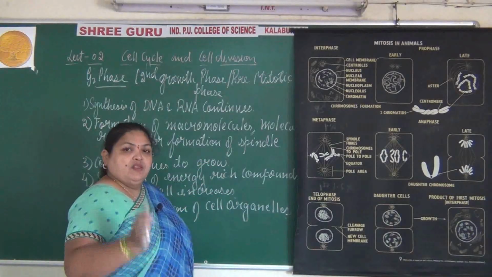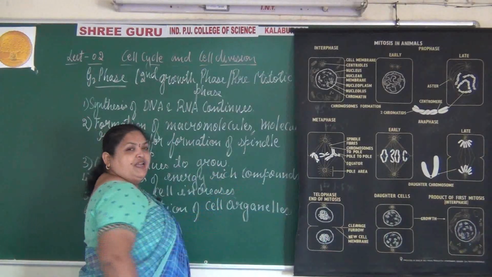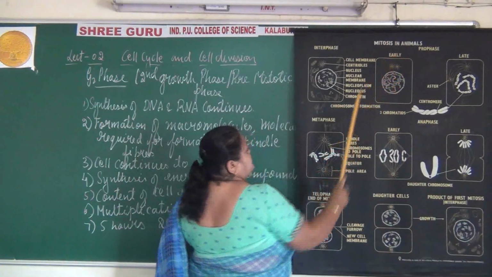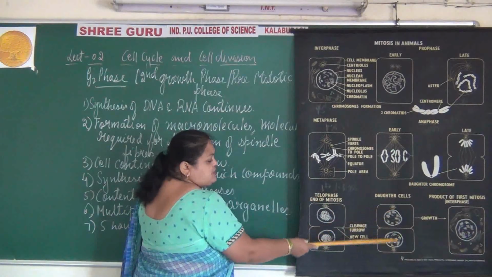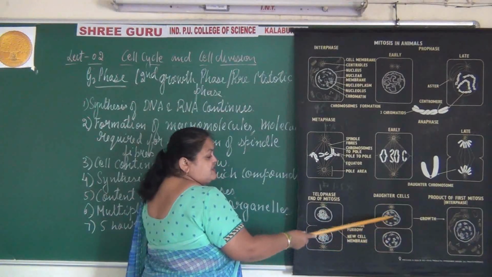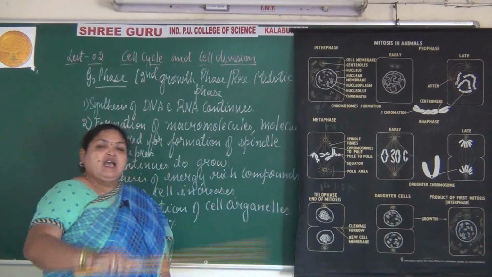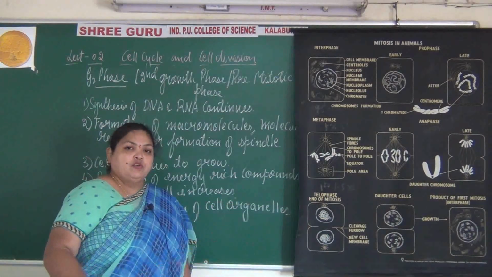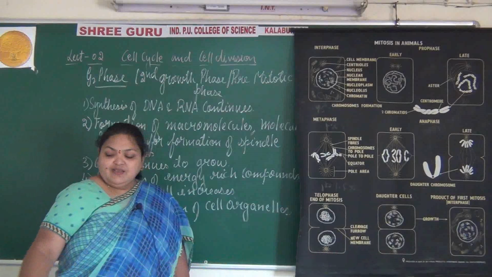Now after this, the cell enters the mitotic phase: prophase, metaphase, anaphase, telophase, with the formation of 2 daughter cells. The 2 daughter cells will grow and again enter interphase, and this cycle continues to continue the life process, or the totipotency of the cell, or the generation.